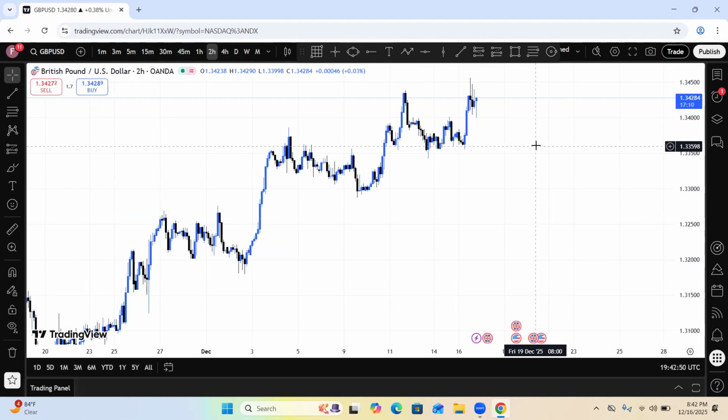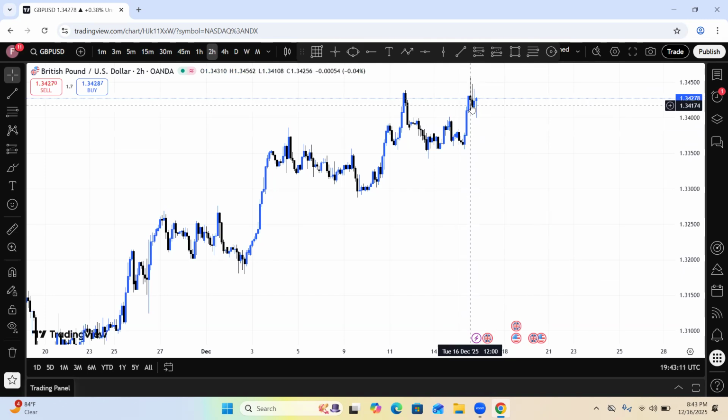Do you get me? If you understand, say yes in the comments. I want to know if you are following. On the 2 hours time frame, every candlestick takes 2 hours to form. This candlestick took 2 hours. This candlestick took 2 hours.